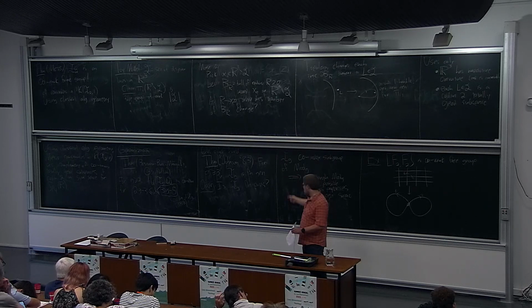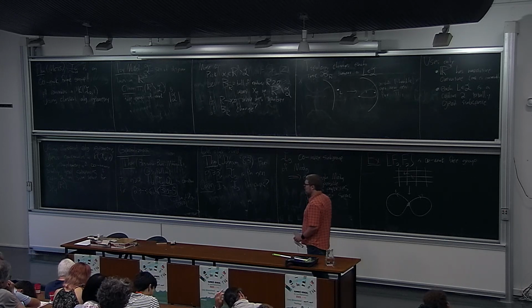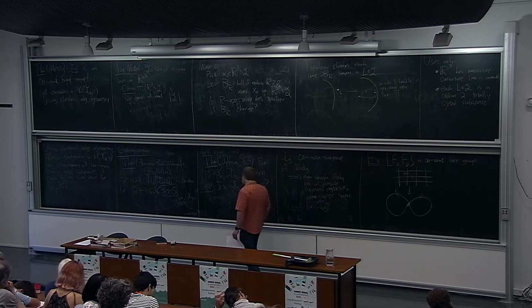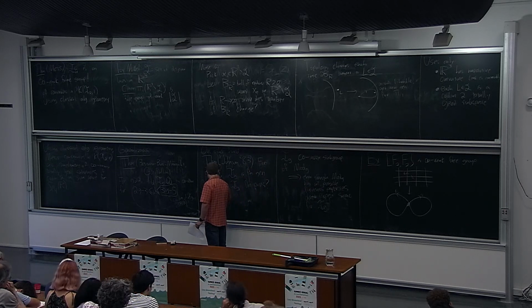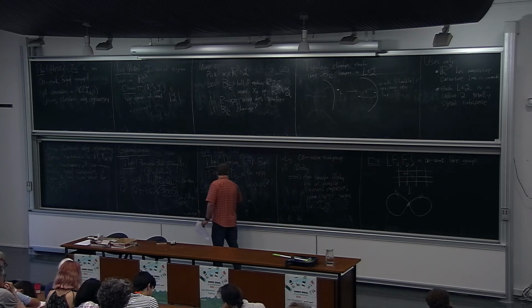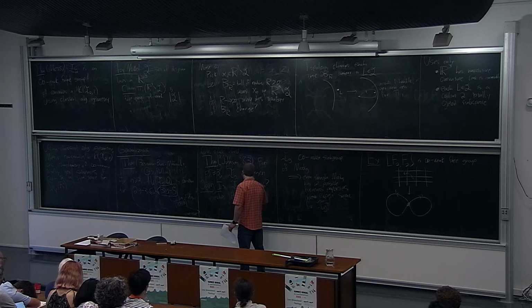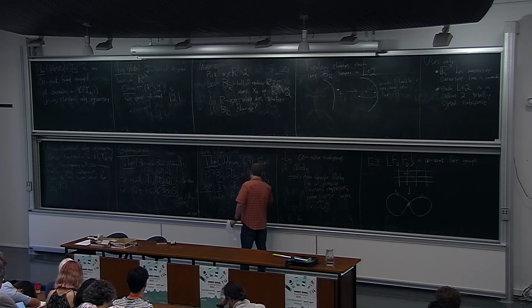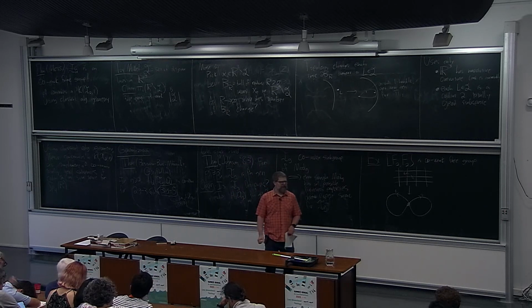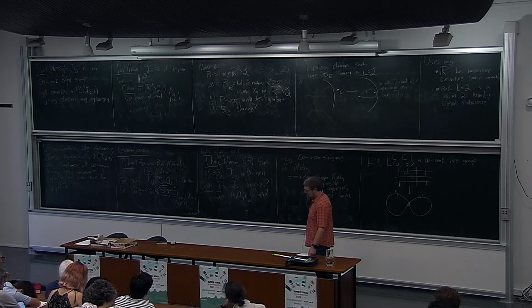So this is a notorious open question. I have no idea. And is H2 of Torelli with integer coefficients finitely generated? That would be a weaker statement than being finitely presented. Again, I don't know. That's a notorious open question.